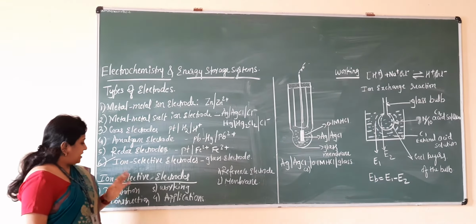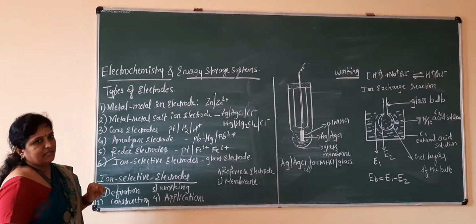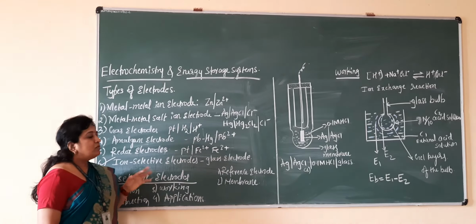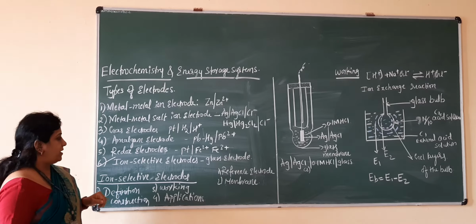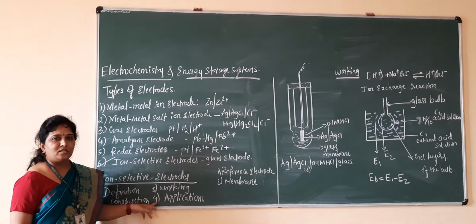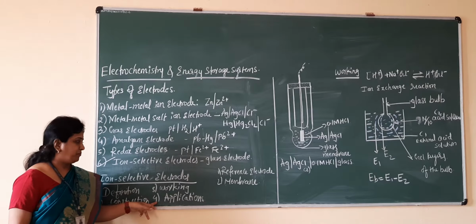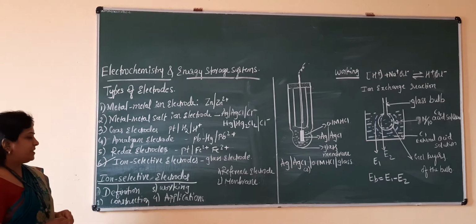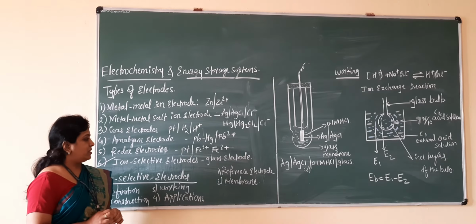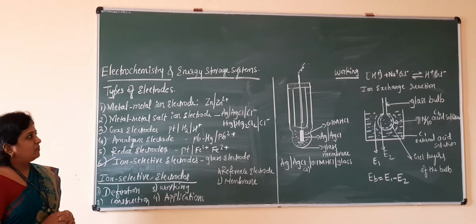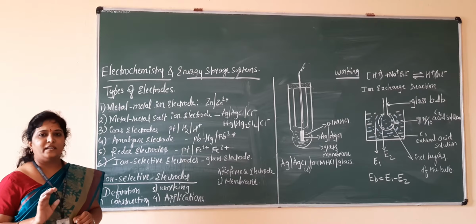Now we have to study the glass electrode: how it is constructed, how it works, and what the applications of the glass electrode are. So let us move on to the construction and working of the glass electrode.